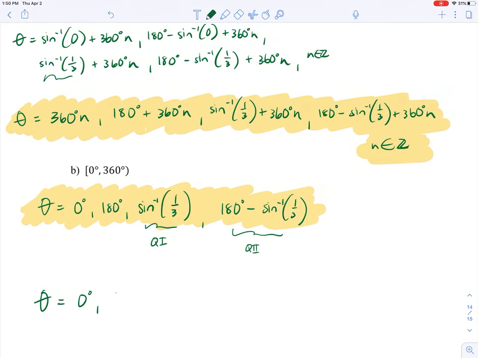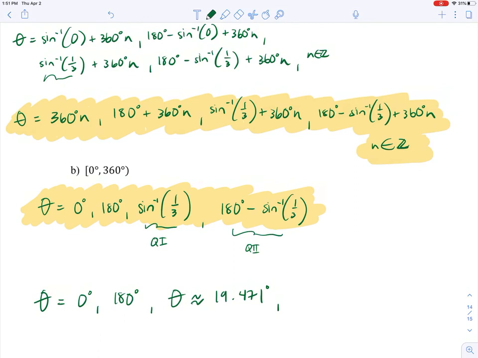Here, we'll go ahead and do that. And then theta is approximately, make sure you are in degree mode, I get approximately 19.471 degrees.